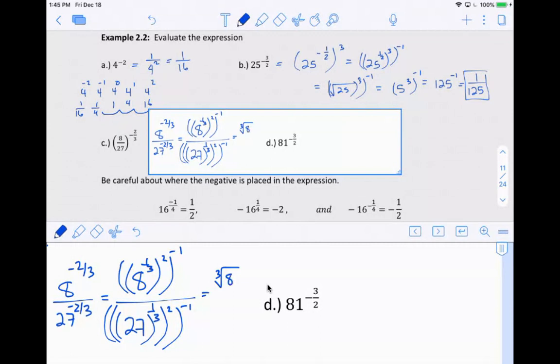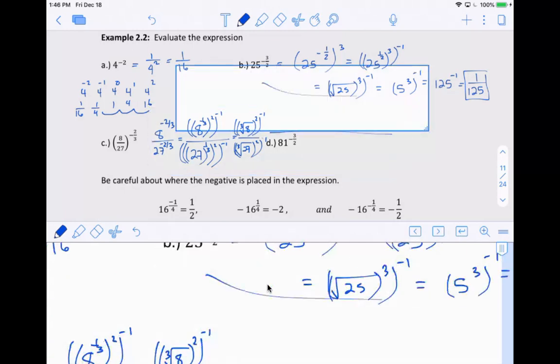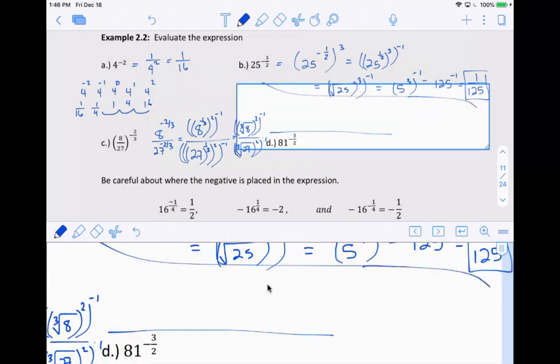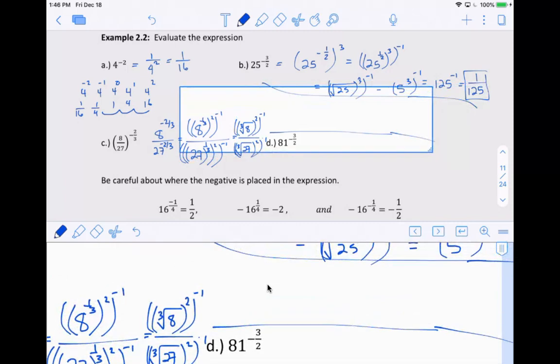Okay, I'm going to have to clean this up a little bit. Cubed root of 8 squared to the negative 1 over the cubed root of 27 squared to the negative 1. I'm going to go ahead and kind of bleed into this next problem a bit, just like section it off a little bit. Okay. What is the cubed root of 8? The cubed root of 8 is 2. And now that's being squared to the negative first.